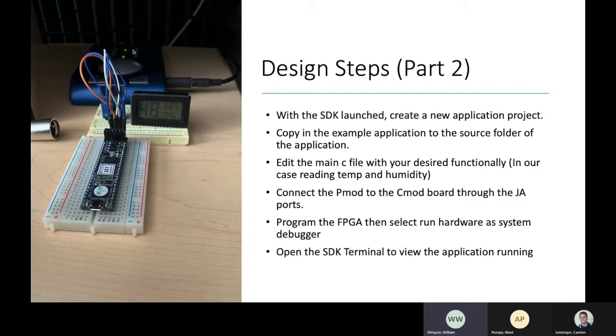In our case, we're attempting to read temperature and humidity. So we're going to connect the Pmod to the Cmod board through the JA header ports and program the FPGA, and then we'll select Run as Hardware with the system debugger and open the terminal to view the application running.